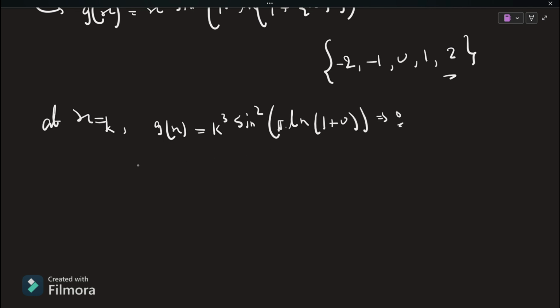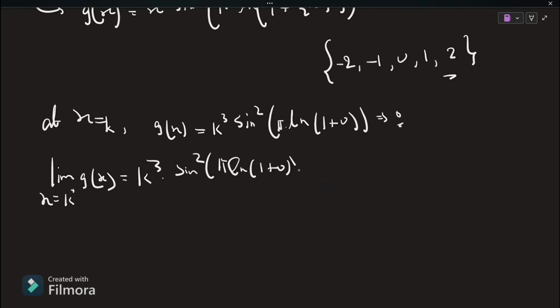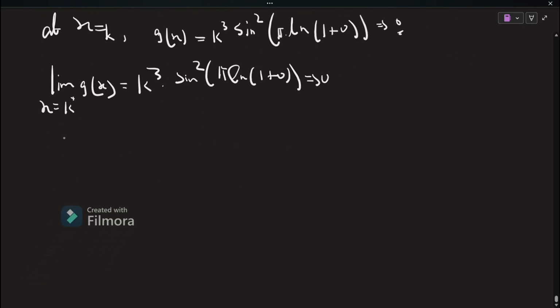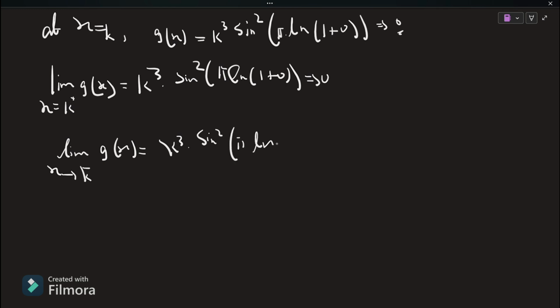ओके. एंड देन राइट हैंड लिमिट हम देख लेते हैं क्या हो जाएगी, k cube into sine square of pi of ln 1 plus 0, 0. देन लेफ्ट हैंड लिमिट x टेंड्स टू k minus पे, देन g(x) विल क्या हो जाएगा, k cube into sine square of pi ln 2, ये हो जाएगा.